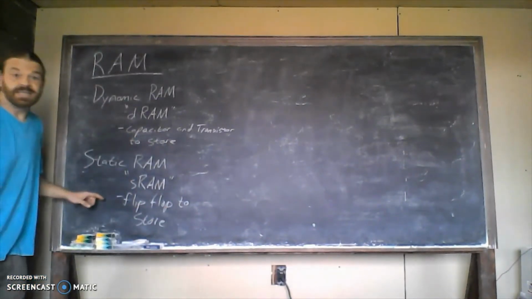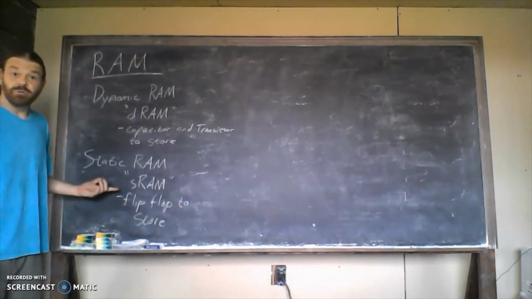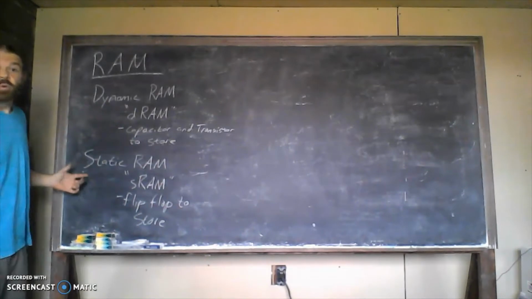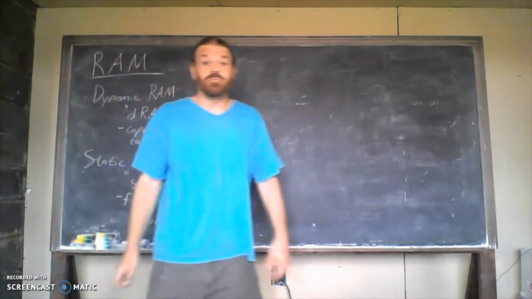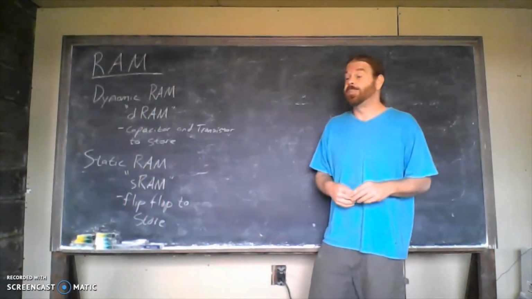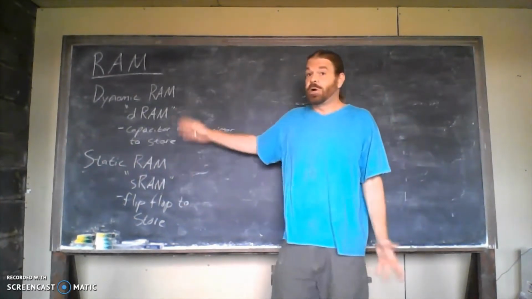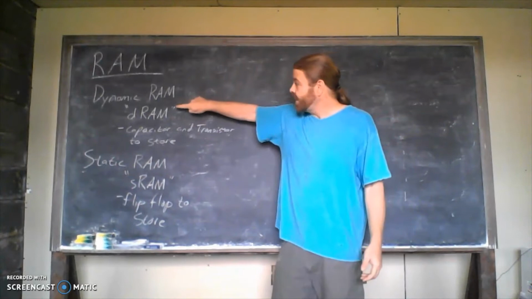So obviously, since the video about memory went over flip-flops, this is the one we're going to talk about today. But there's more than one type of RAM, more than one way to store a bit. These are probably the two most popular, nowhere near an exhaustive list.